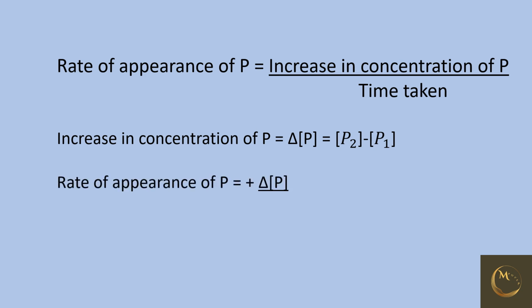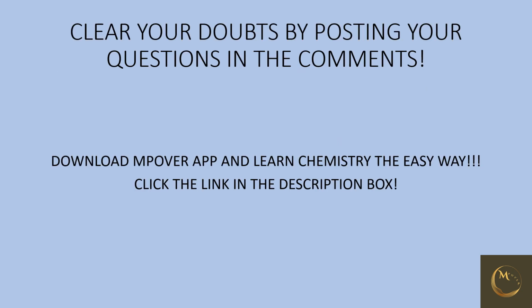Therefore, rate of appearance of product P is equal to plus delta [P] by delta t, where the positive sign indicates the increase in concentration of P.